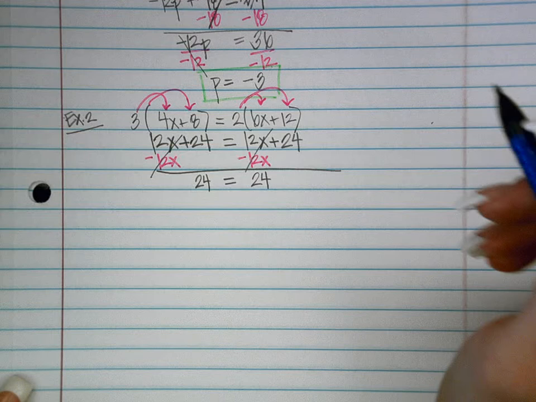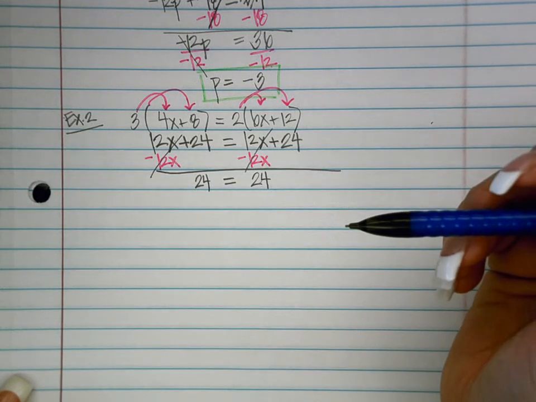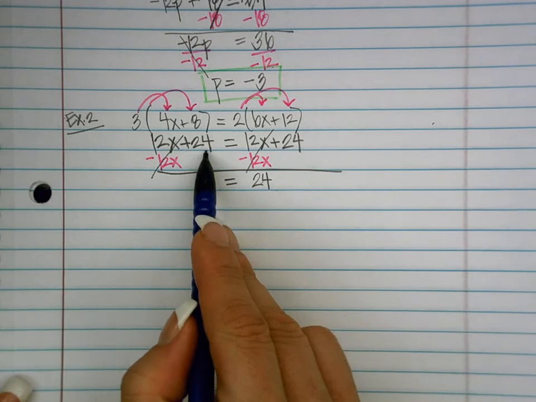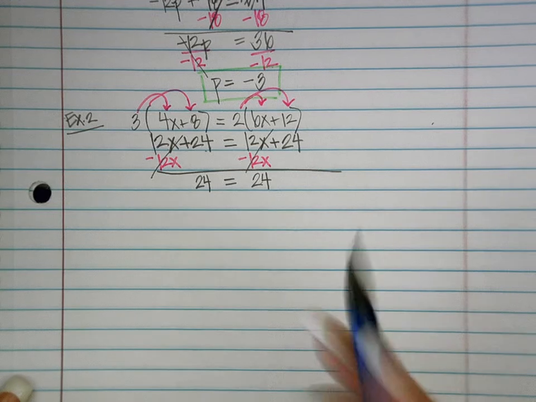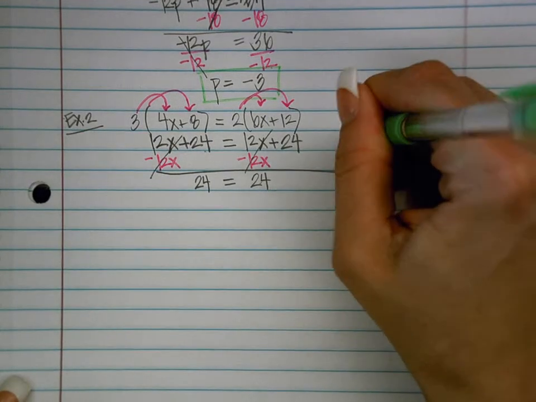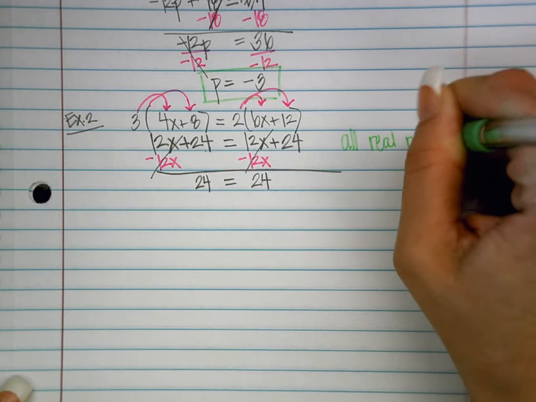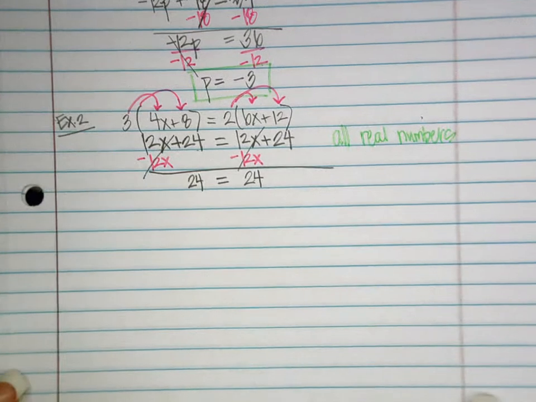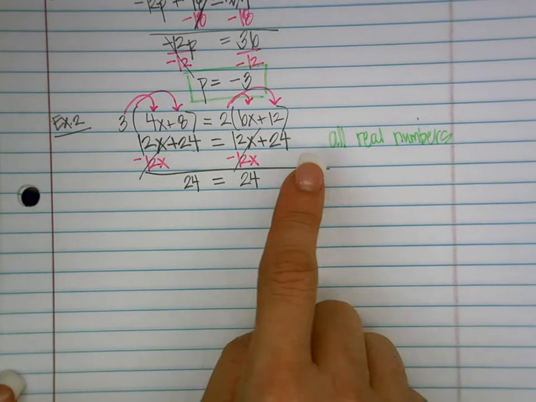Does this feel weird? Yes. What's wrong with this? When would 24 be 24? All the time, right? When would 12x plus 24 equal 12x plus 24? All the time. So what this actually means is you could plug in all real numbers. Basically what this is saying is you could plug in any number for x and it would work out.